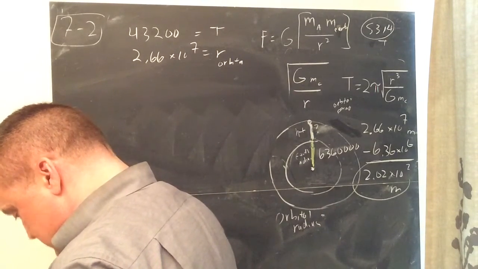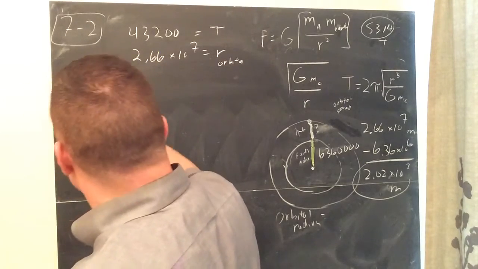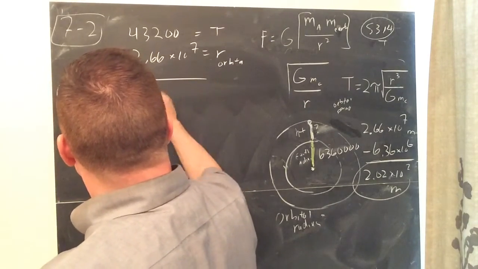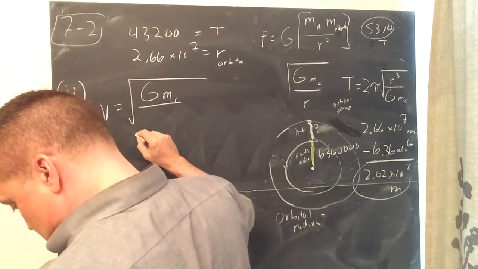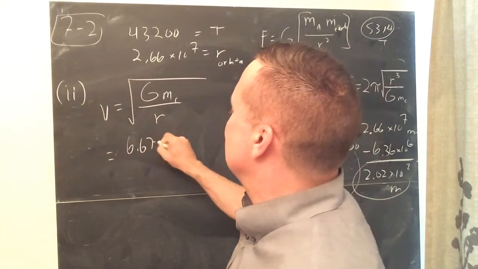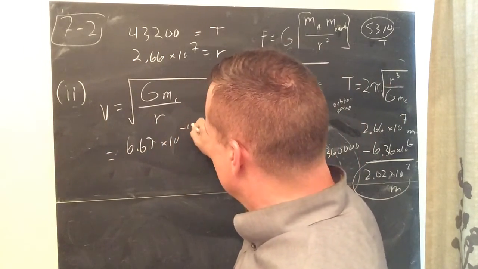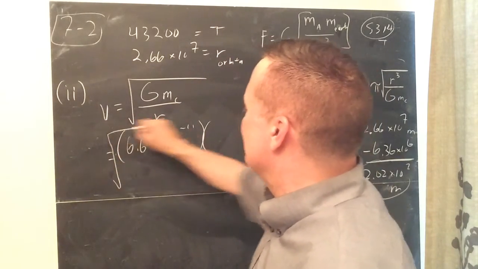So, number 2, what is the speed of the satellite? The speed uses this equation, velocity, square root of G times the mass of the central body over the radius. So, G is 6.67 10 to the negative 11. I'm not putting my units here, I'm just happy to get through the math of this.